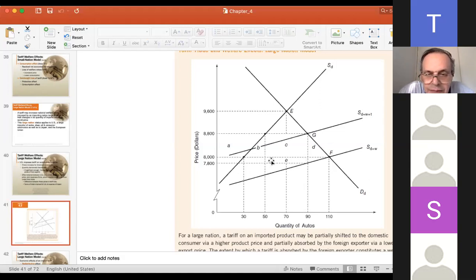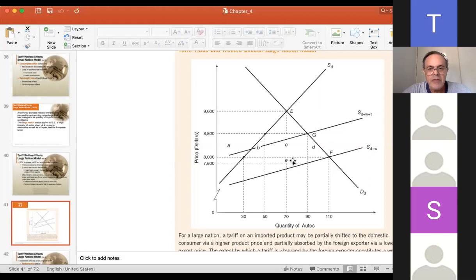Now, if I find that area E is greater than B plus D, then I know that the tariff that the US imposed is working in favor of the US. This is the only way where the tariff will have a positive impact on the economic welfare, if E happens to be greater than B plus D. But remember, this E happens only when we are dealing with a large country.